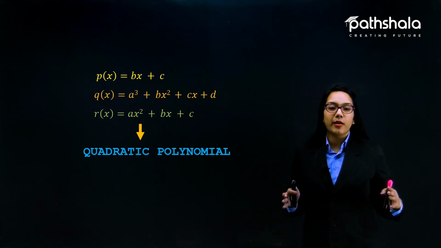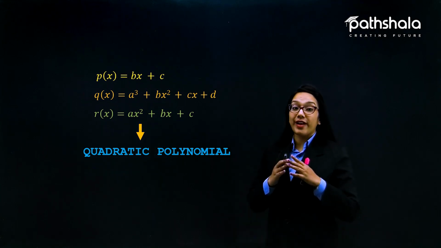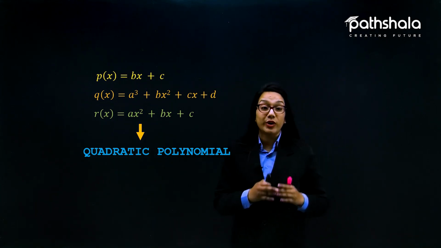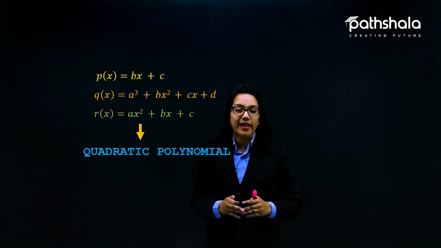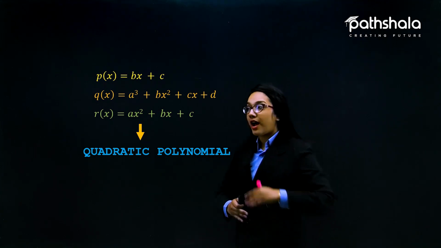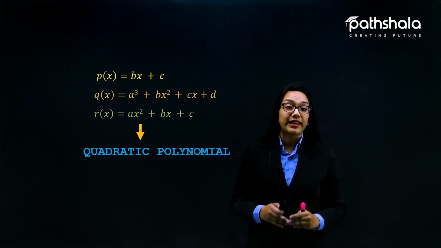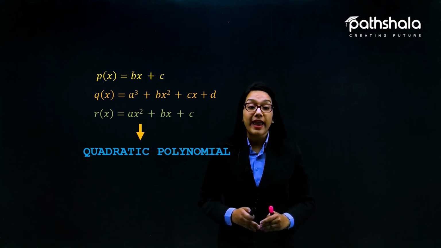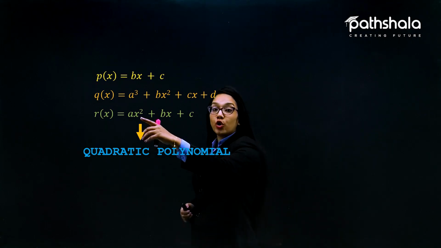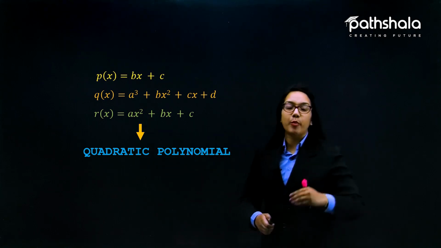We all are aware of what quadratic polynomials are: those in which the highest degree of the variable is 2. As we can see here, Rx is equal to ax square plus bx plus c has the highest degree of the variable x as 2. So this is a quadratic polynomial.